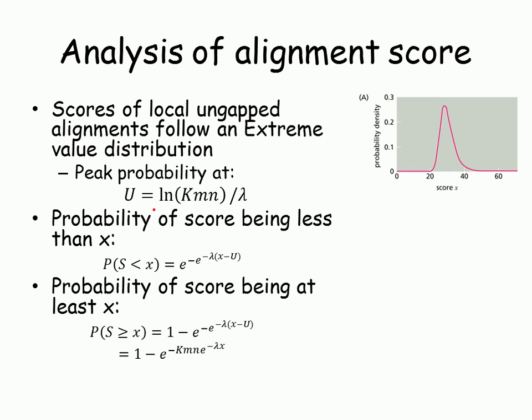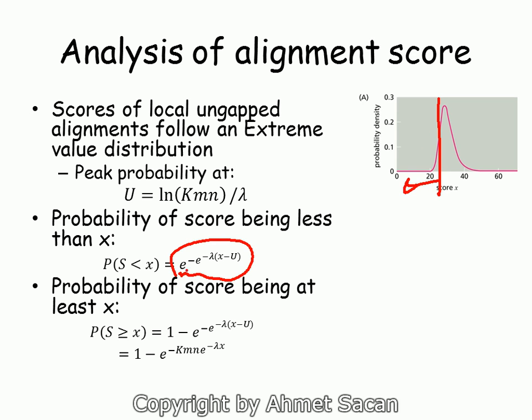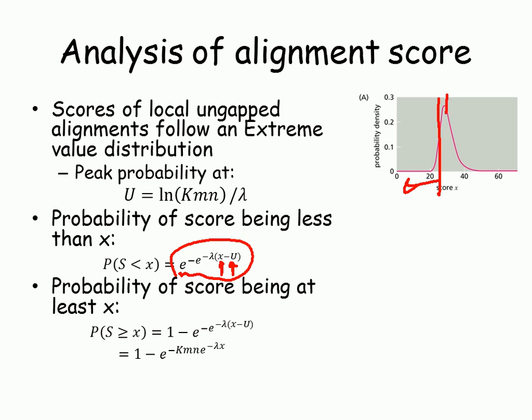Okay, so that's the average of the distribution, U. The probability of a score being less than anything in this plot is given with this formula. Okay, so that's the formula for the extreme value distribution. You have e to the power minus e to the power minus lambda, the difference between x and this peak value.